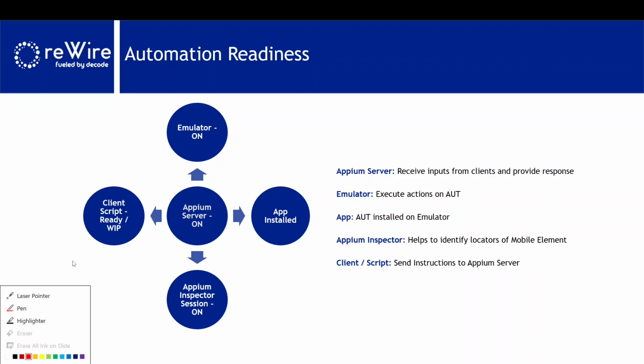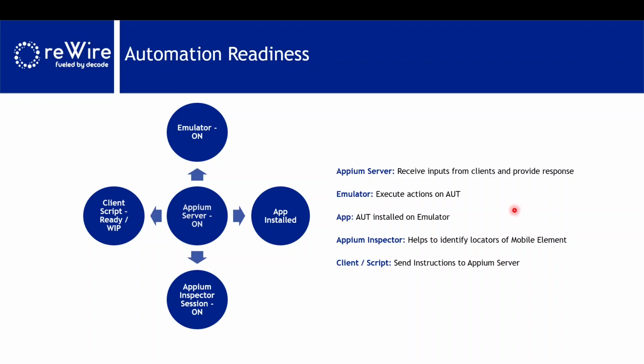These are the few things, team, you need to understand. One is the Appium server. What exactly is it? It takes inputs from the clients and provides responses. It's a client-server architecture, and from 2.x onwards it follows the W3C standard protocols for communication between the client and server.